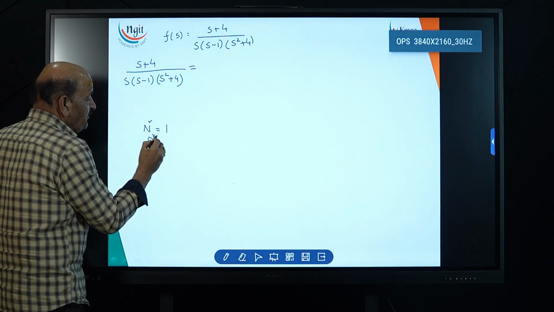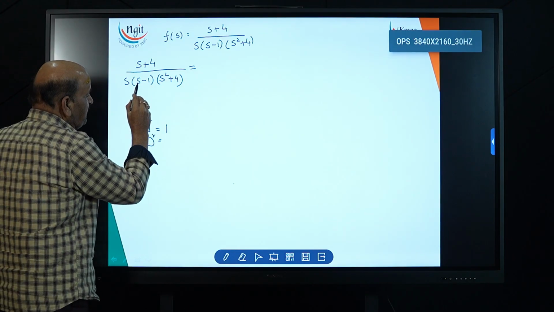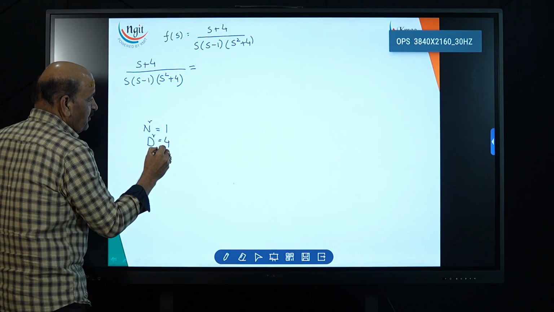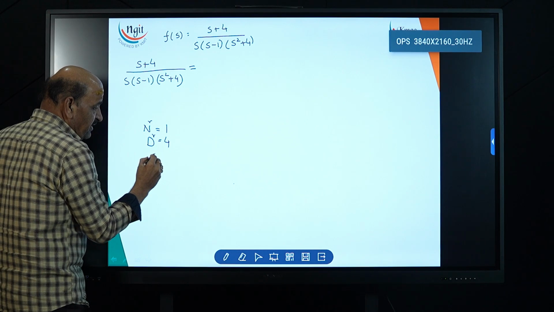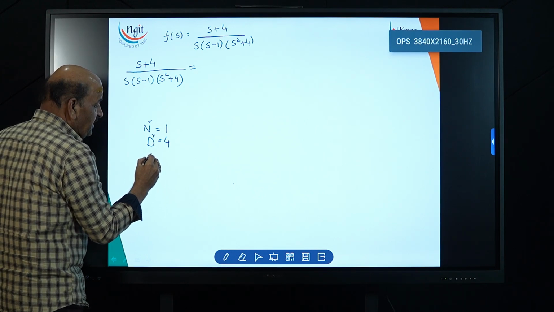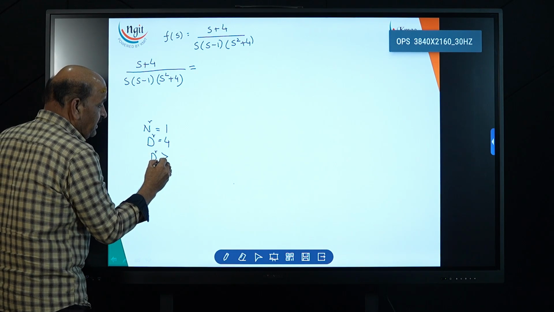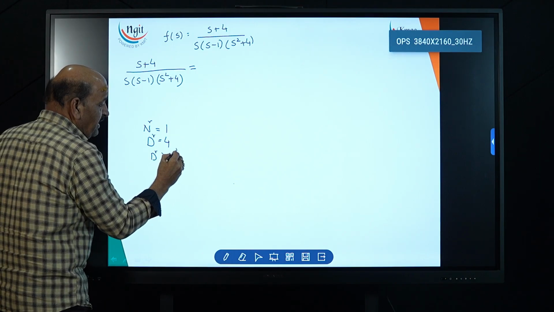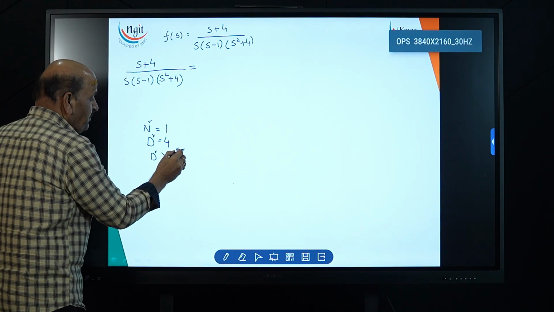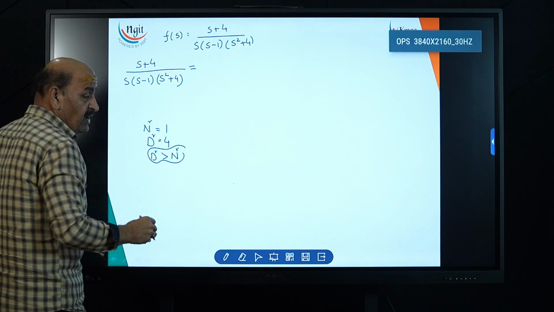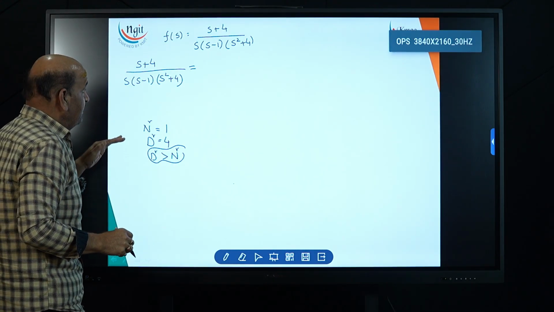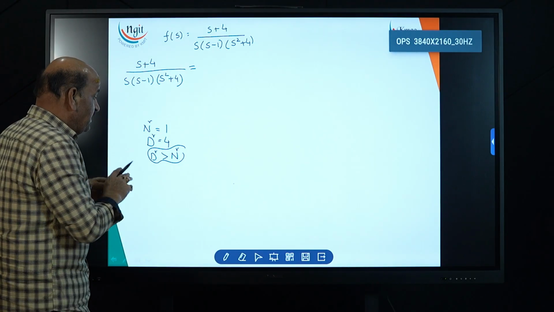The power of s in the denominator is s into s into s square, which is greater. That means the power of s in the denominator is greater than the power of s in the numerator. This is very important first.